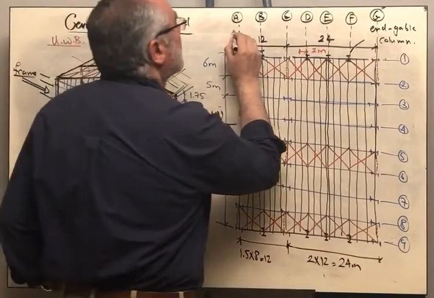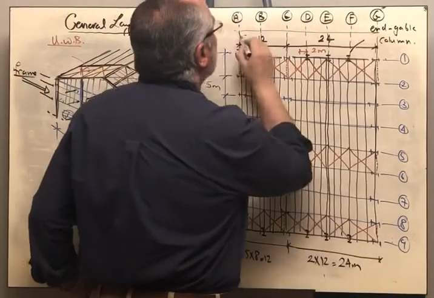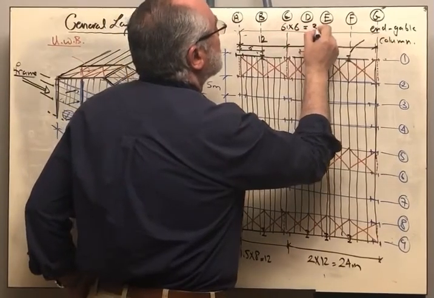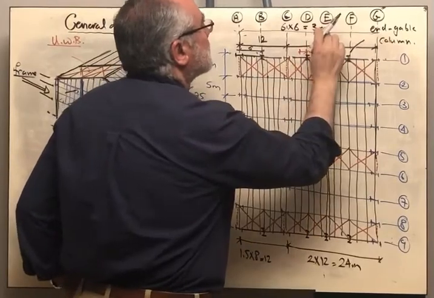And of course you have to give the spacing. This is 6 by 6 equals 36 meters.